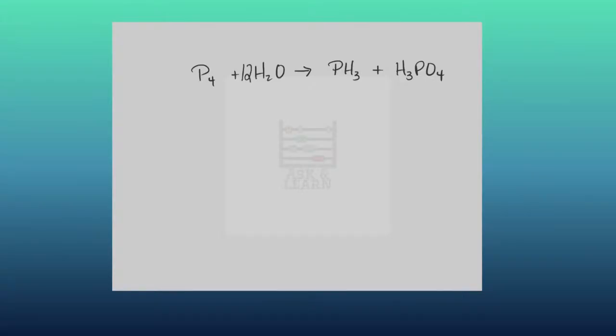If I put a 12, then I need to come up with a way to get 24 hydrogen on the right-hand side. So let me put the 12 here, so a 3 would make the 12 oxygen.